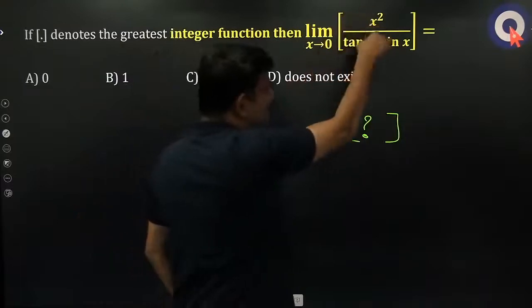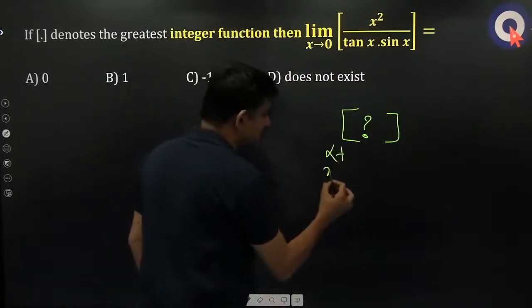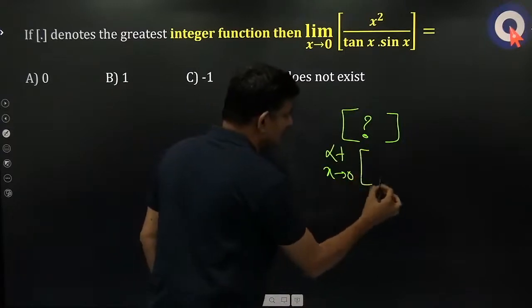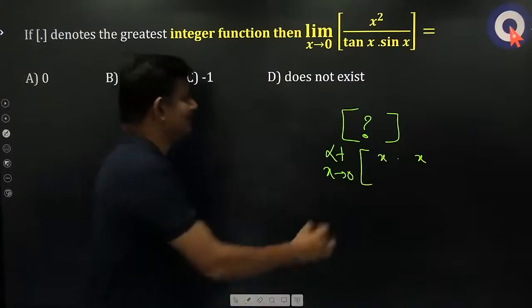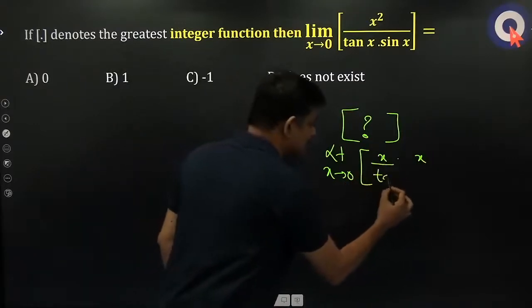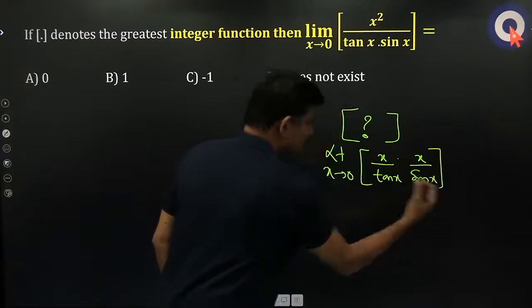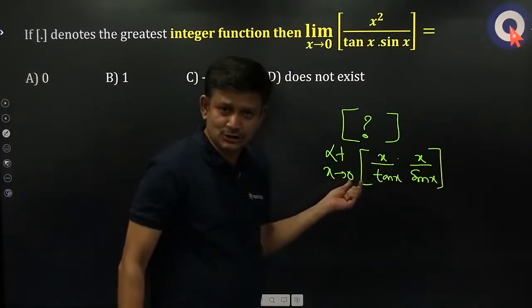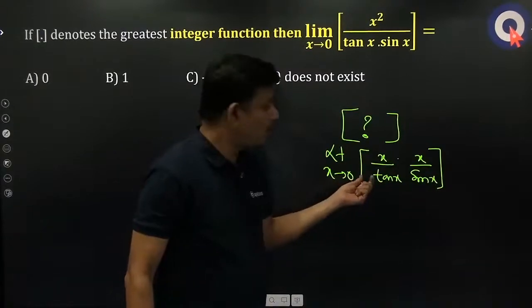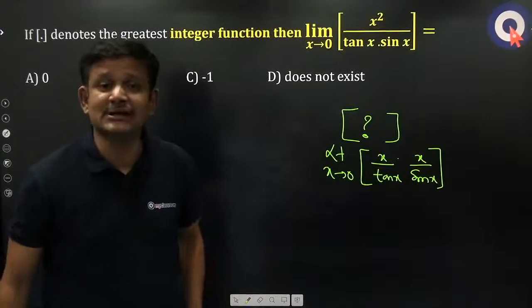Now you have some known limits here. Limit x tending to 0, integral part of x square, I can split into x and x, by tan x and sin x. So you have two very famous limits, x by tan x as x tends to 0, which is 1, and x by sin x as x tends to 0, which is again 1.